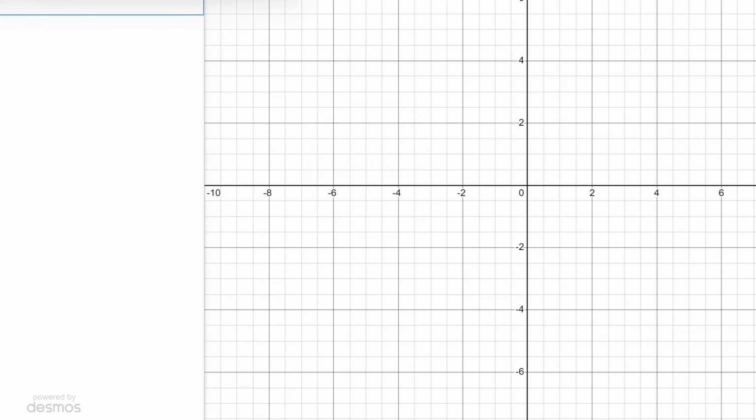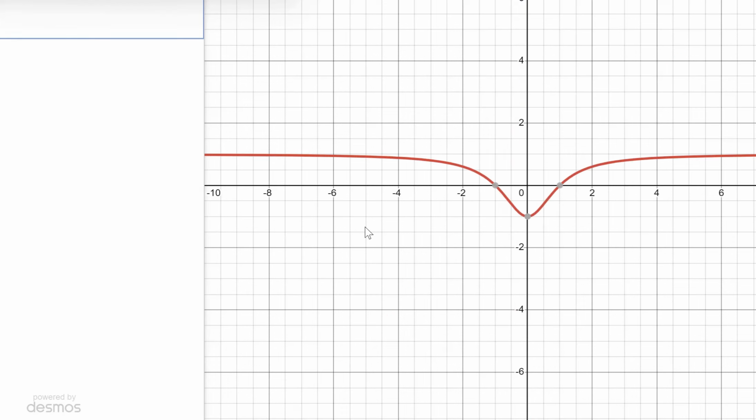And remember, you can always check this by graphing. So if you did x squared minus 1 over x squared plus 1, you can see at that point right there, it's a horizontal line. It's a minimum point at that point, so it'd be a horizontal line.